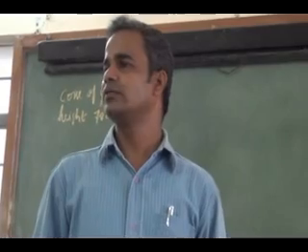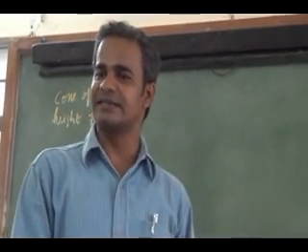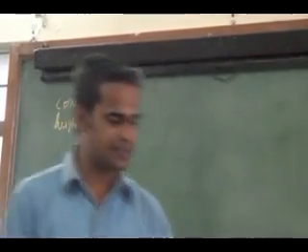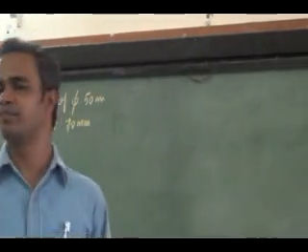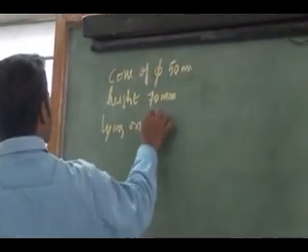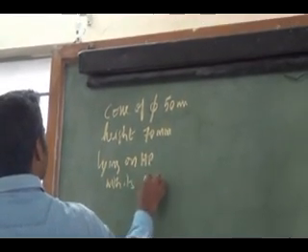The cone is lying with one of its generators on the ground, such that the axis is parallel to VP. It is lying on HP with its generator.